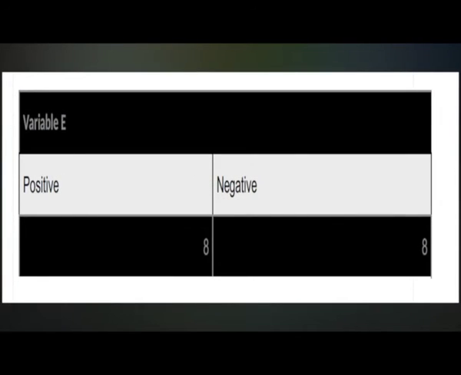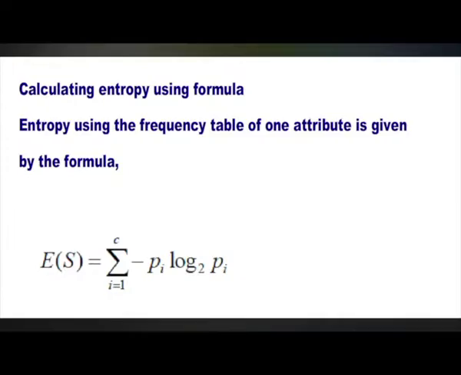The result is nothing but the information gain. In this example, to calculate the entropy of the target, we have an equal number of records, 8 records with negative class and 8 with positive class. So, we can directly estimate the entropy of the target as 1.